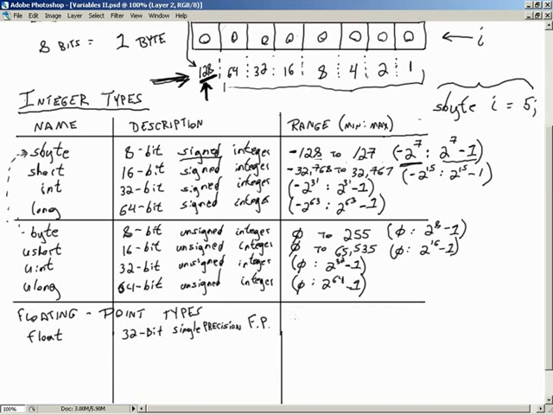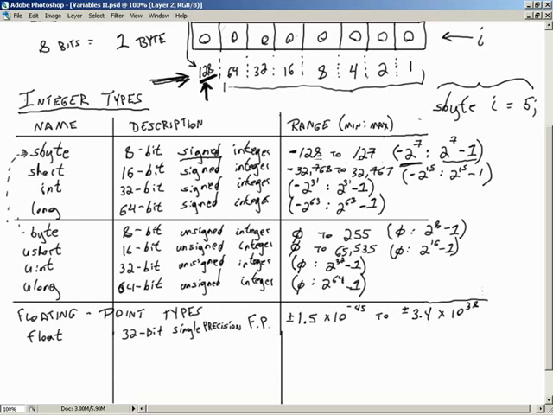Well, it holds approximately 1.5 times 10 to the negative 45 power to approximately 3.4 times 10 to the 38. What does it mean? Well, it means pretty big, basically. It basically means that we have a precision to 7 digits out.